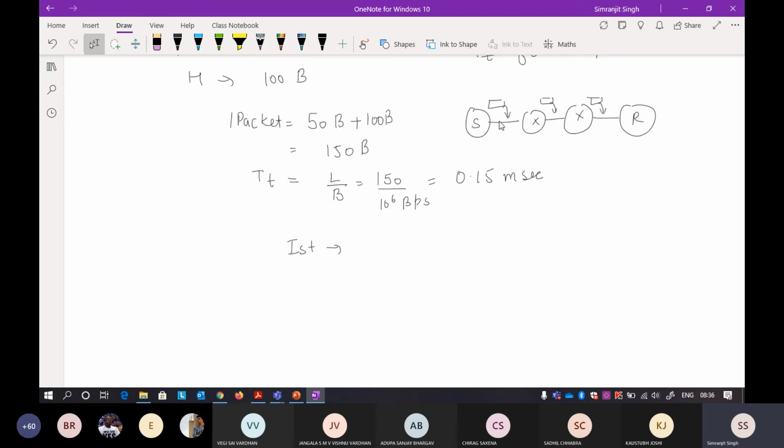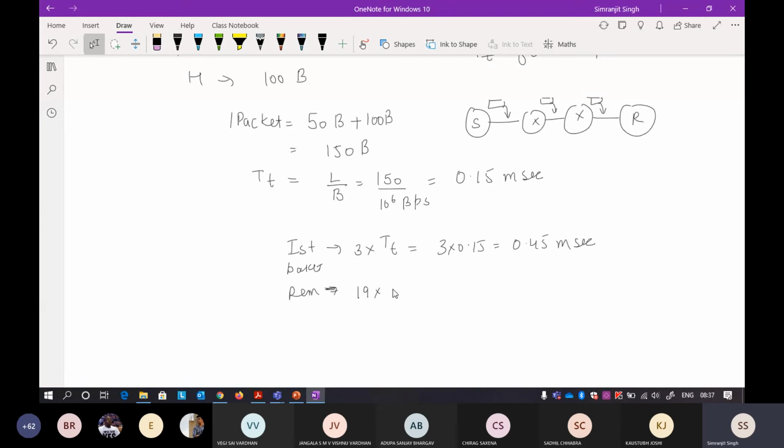So for the first packet to reach the receiver from the sender, the time will be 3 into the transmission time for a packet. The transmission time is 0.15, so 3 into 0.15 is 0.45 millisecond. For the remaining packets, this is the first packet and 19 packets are remaining.